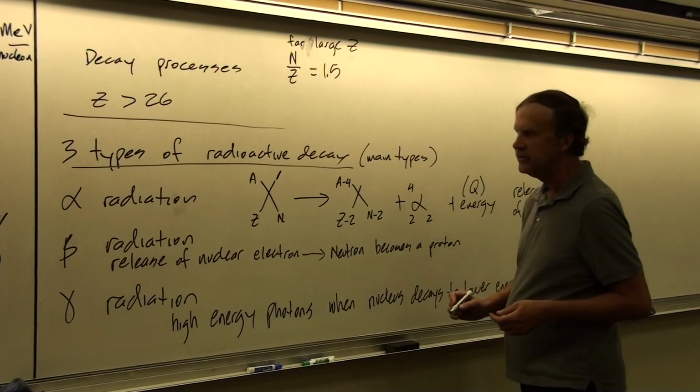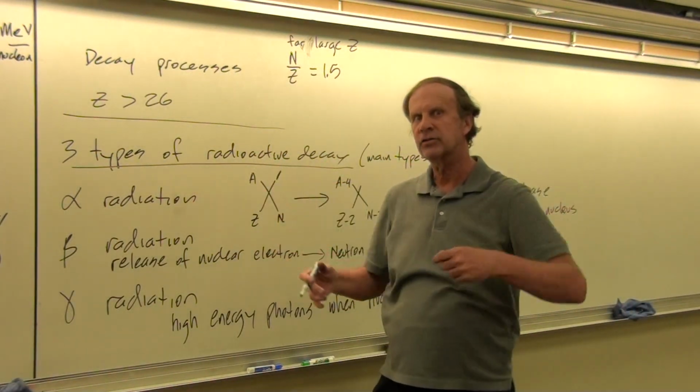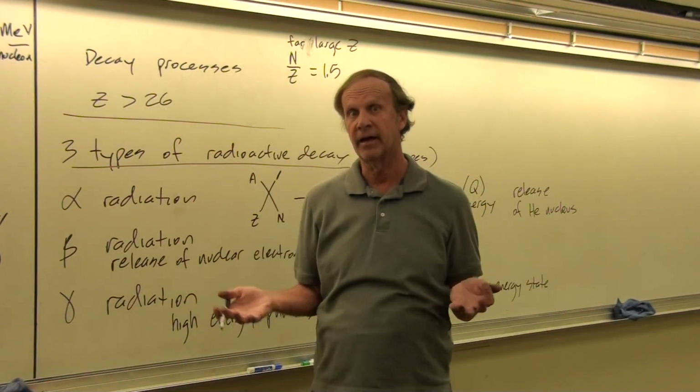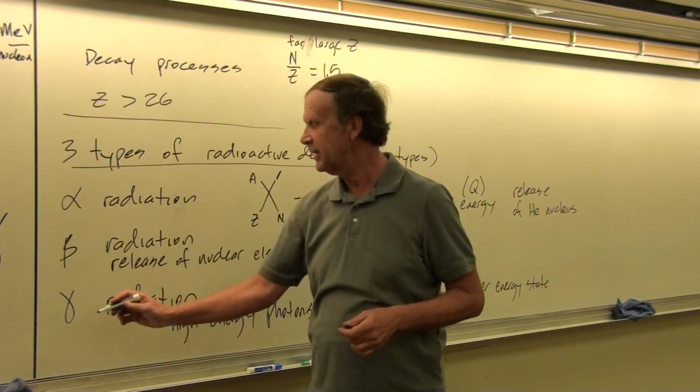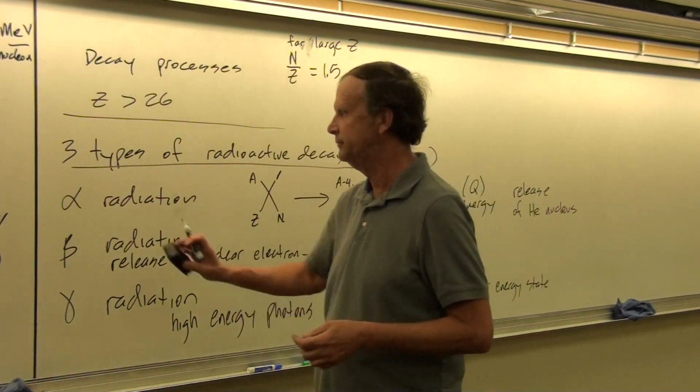You can get an excited nucleus just like you can get an excited orbital electron state, which is called an excited atomic state. But here in the excited nuclear state, you can give off gamma ray photons.